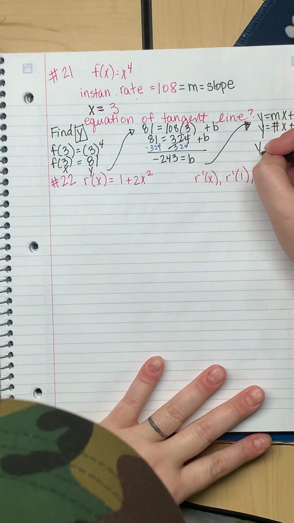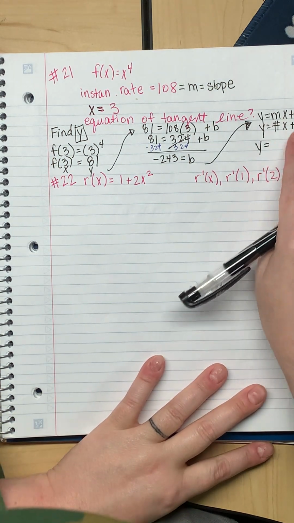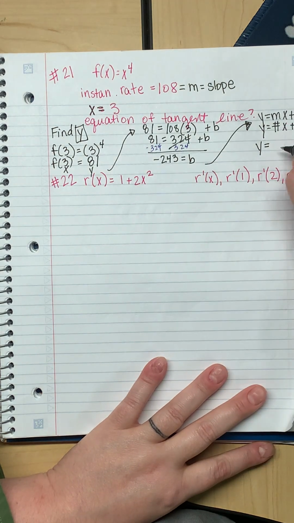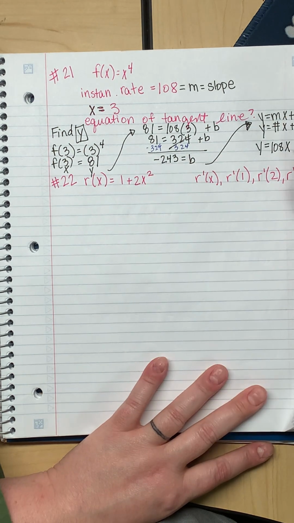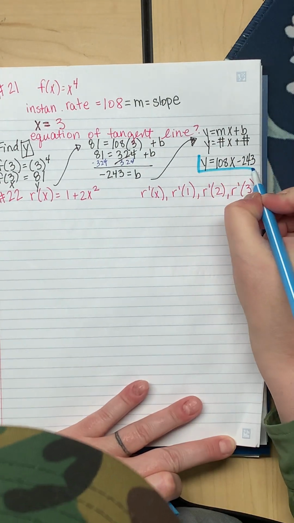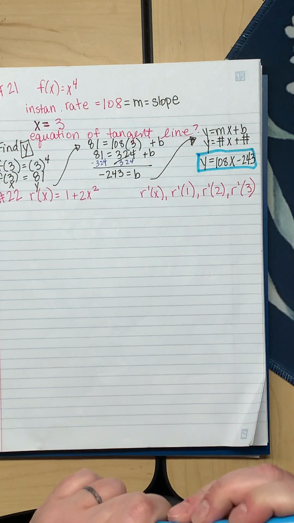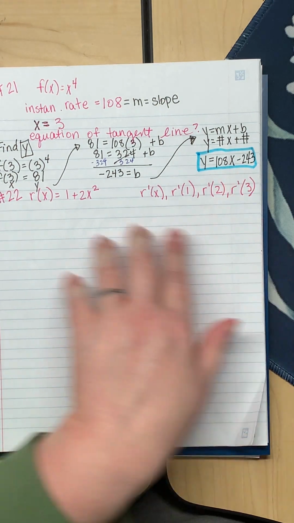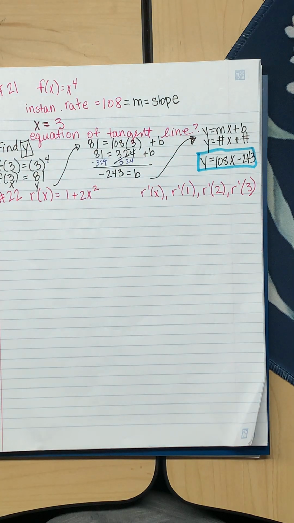So I'll have y equals, my m was that instantaneous rate of change, that's 108 x, and then my b is the number negative 243. Hey baby, we just came up with the equation of the tangent line. Your homework might do it a little differently, but it still takes this answer. And this is, I think, the simplest way. So I didn't want to show you the harder way.